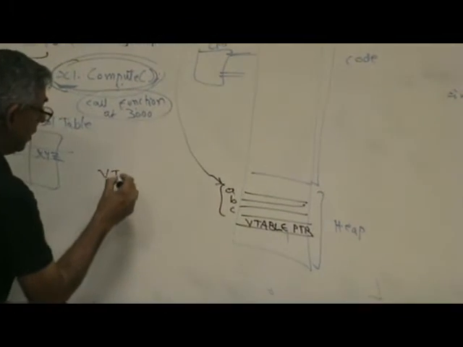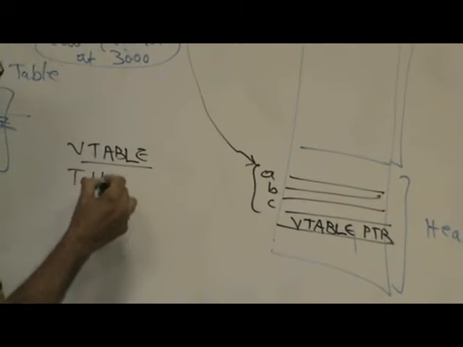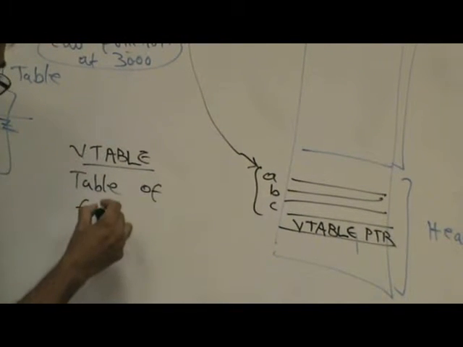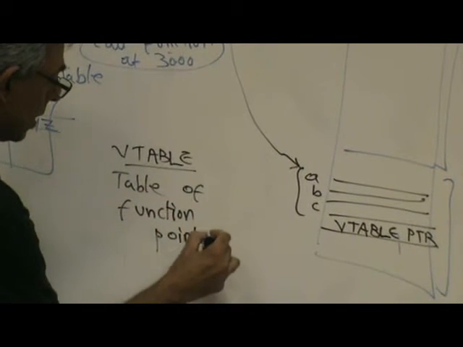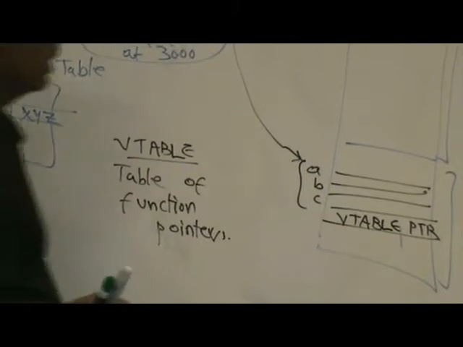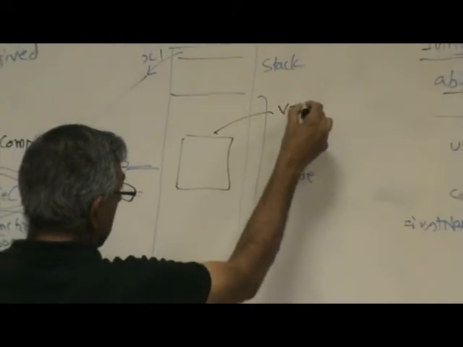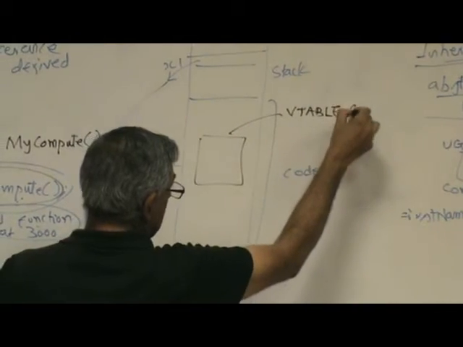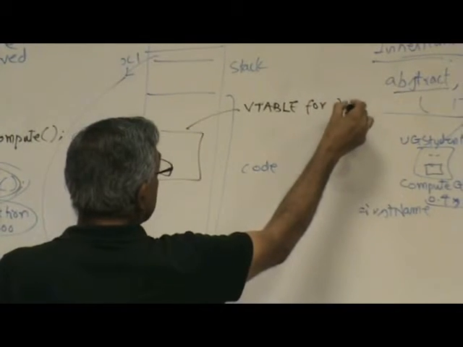What is vtable? Vtable is basically a table of function pointers. Okay, so in the code area, there will be a vtable for every class. Vtable for XYZ class.